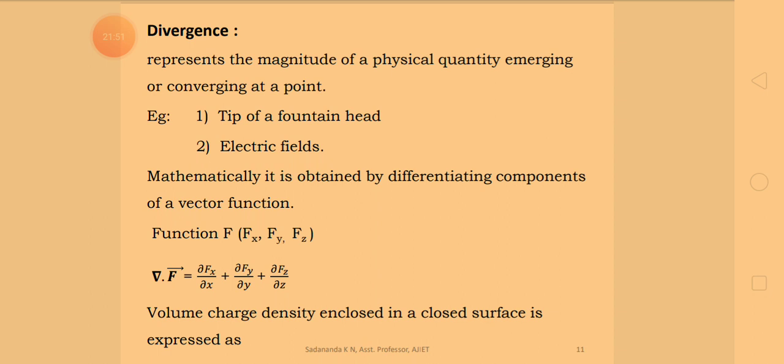Mathematically, divergence is obtained by differentiating components of a vector function. If f is the vector function, components of this vector function f are fx, fy and fz with respect to the position coordinates x, y, z respectively.